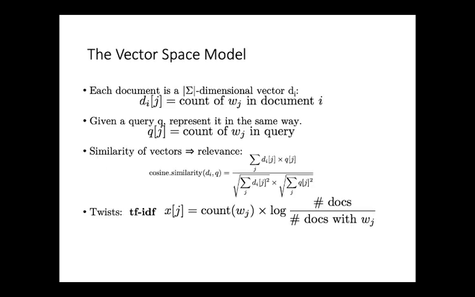Your document is probably going to be longer than the query. You could do something like a convolution. Okay, that's true, although we're not going to talk about that yet. So the idea here is to represent each document as a sigma-dimensional vector, D1, where sigma is the number of words in the vocabulary of the corpus.